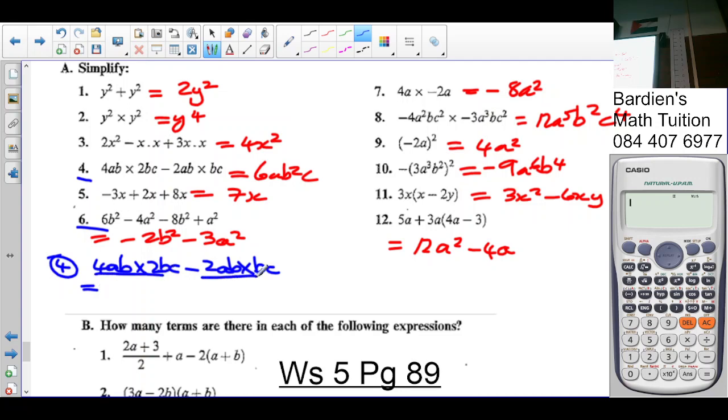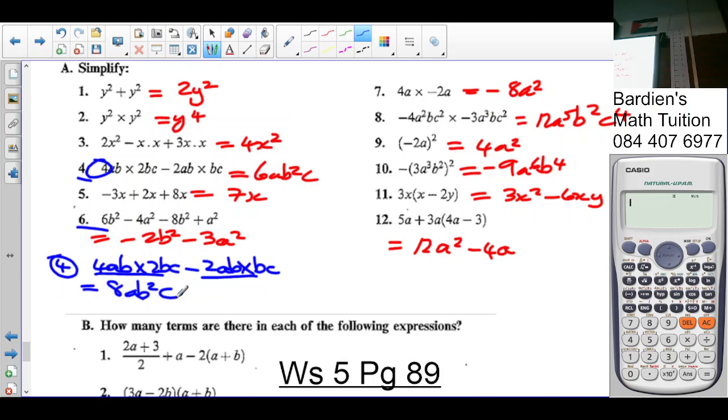You asked number 4? Right, what did you write? I got 2ab times 2bc. 2ab times 2bc. So you wrote that sum down wrong. Okay, so that should have given you 8ab squared c. Okay, and you have 4 here. Is that correct?